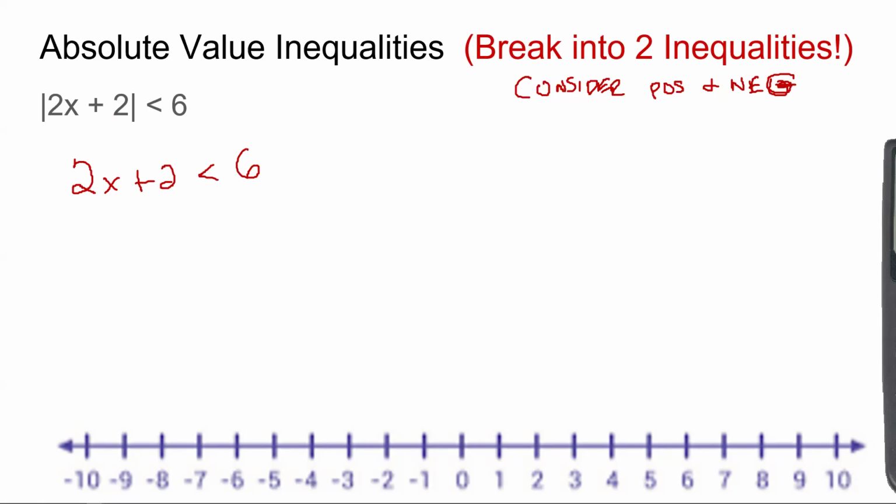And I would have this, and at the same time, 2x plus 2 is less than the negative case. And that's what we did last time with the absolute values. Just break it into two pieces. Maybe that stuff in the middle was positive and I'm trying to get x by itself.